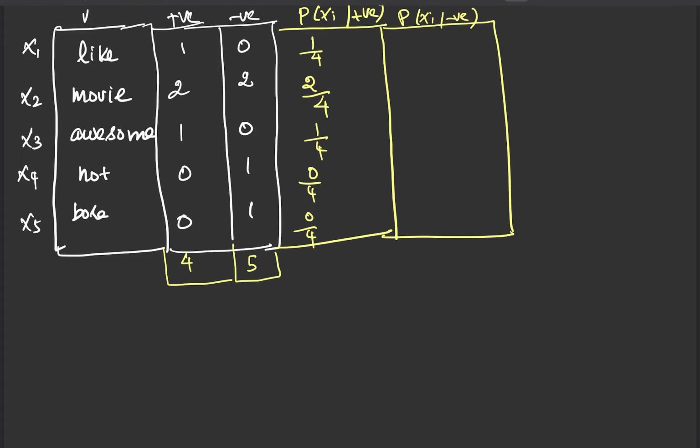What is the frequency for like? It is 0. 0 divided by what is the total number? It's 5. So 0 divided by 5. Oh, do you remember that like appeared in the negative sentence also? I did not like the movie. So we need to have one for the negative class also.